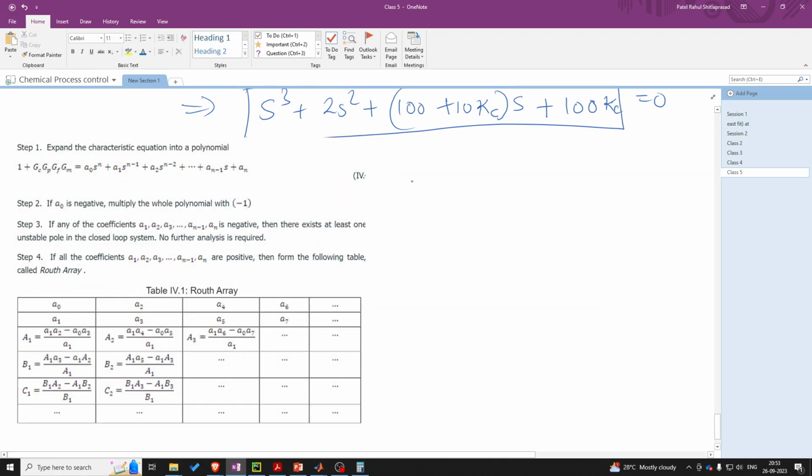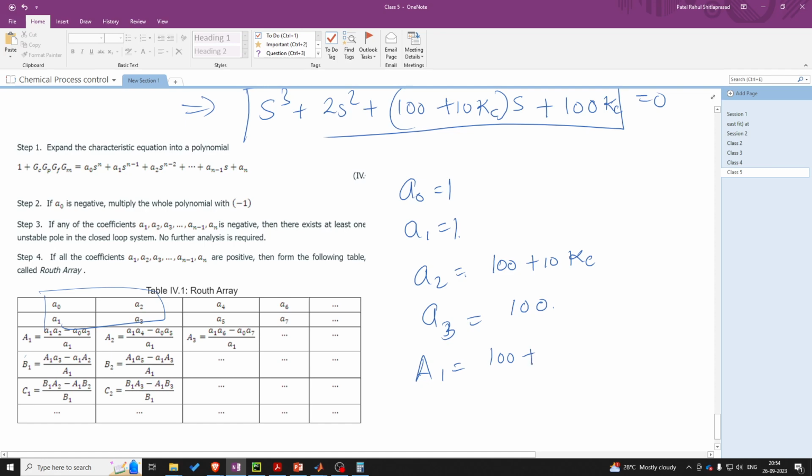So over here the value of A0 is 1, A1 equal to 2, A2 equal to 100 plus 10 Kc, A3 equal to 100 Kc. So we have these four values. We will calculate the value of B1, that is A1 A2 minus A0 A3 upon A1.